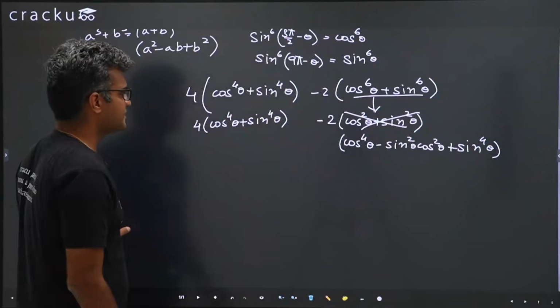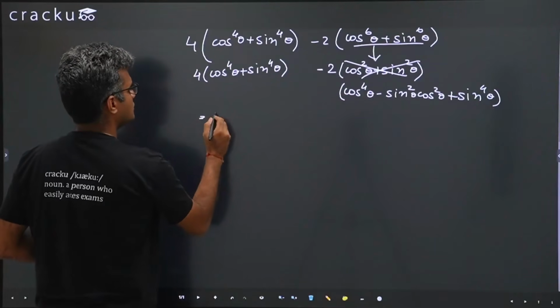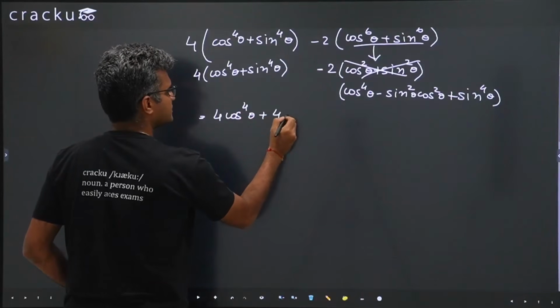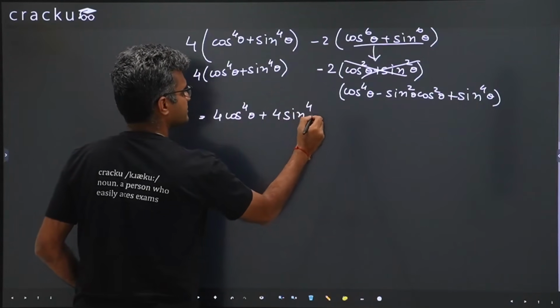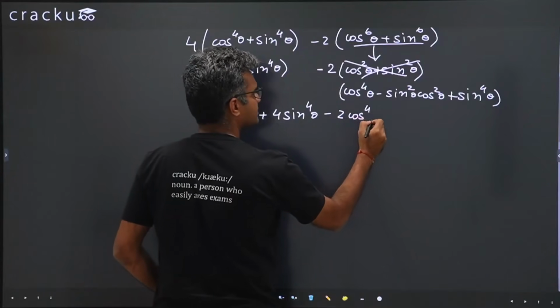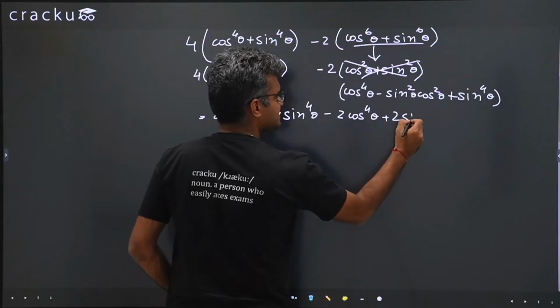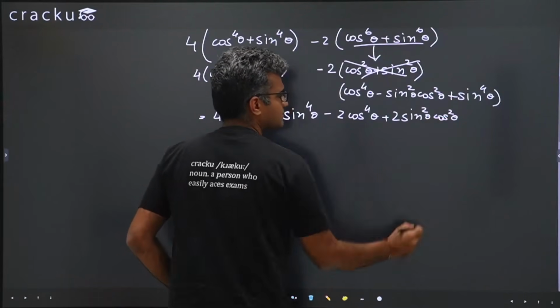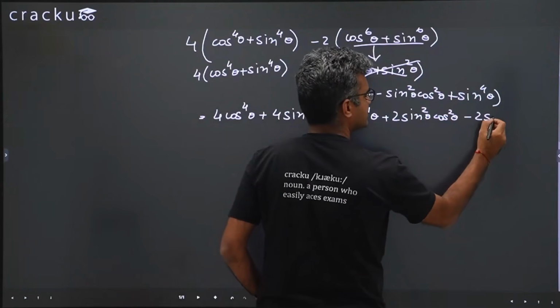So when you are simplifying, the expression is equal to 4 cos to the power 4 theta plus 4 sine to the power 4 theta minus 2 cos to the power 4 theta plus 2 sine square theta cos square theta minus 2 sine to the power 4 theta.